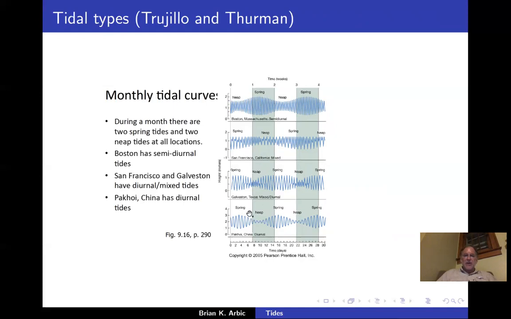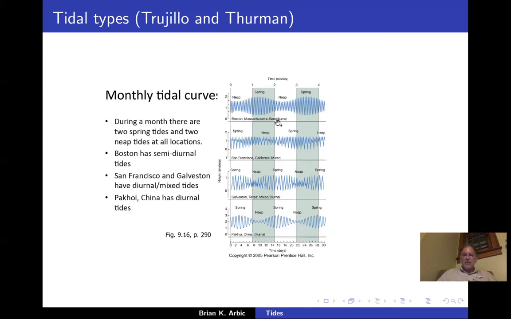At the other extreme, this place in China of course also has a spring neap cycle, but notice how it looks stretched out in the horizontal. You see how it's stretched out in this direction compared to here. That's because there's basically only 1 high tide per day and 1 low tide per day. So that's a place where the tides are predominantly diurnal instead of semidiurnal.